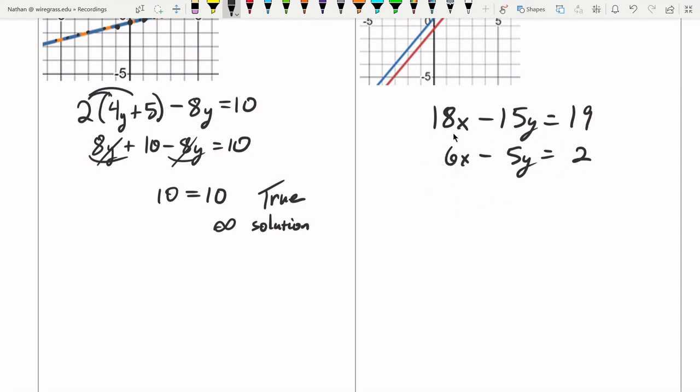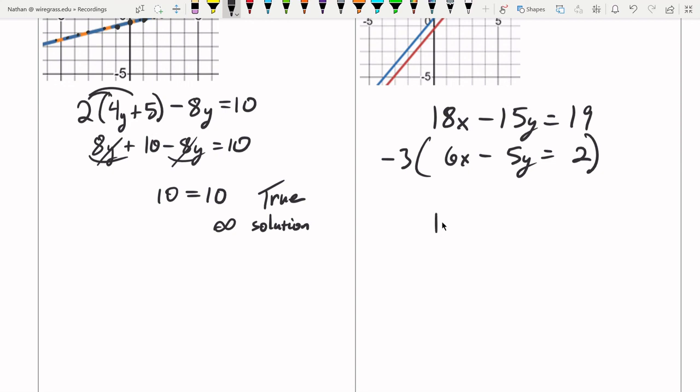I'm going to try and match the x coefficients. So 6 times what is 18? 6 times 3. So I'm going to multiply everything by 3. And I'm actually going to multiply everything by negative 3 so that these two numbers have the same coefficient but opposite signs. And so I'm multiplying everything in here by negative 3, both sides of the equation.